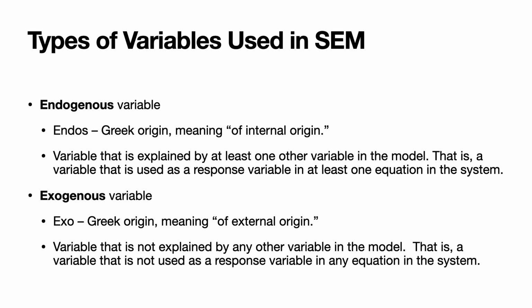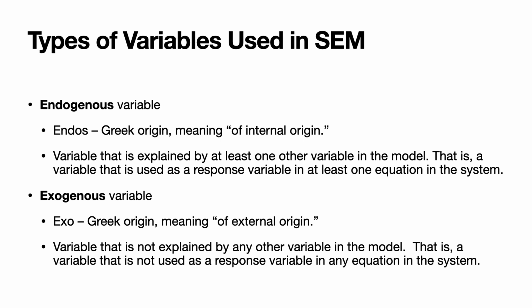Next, let's look at the word exogenous. So the prefix exo, from Greek origin, means of external origin. An exogenous variable is one that is not explained or predicted by any other variable in the model.